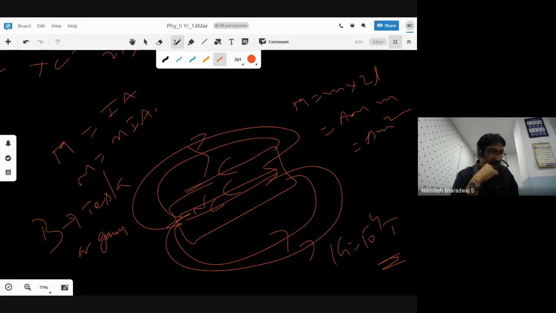Define magnetic declination and magnetic inclination. Inclination is also known as a dip. Declination is the angle between the geographic meridian and magnetic meridian.